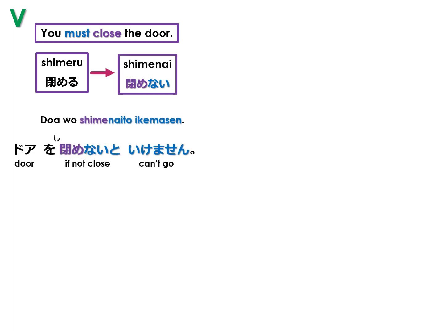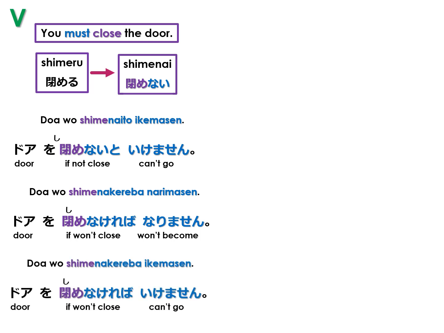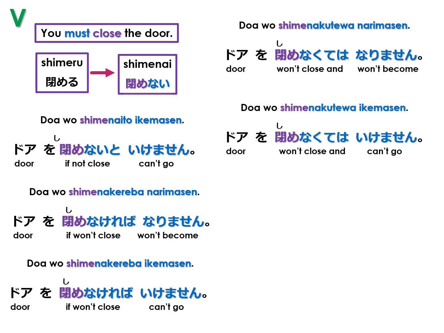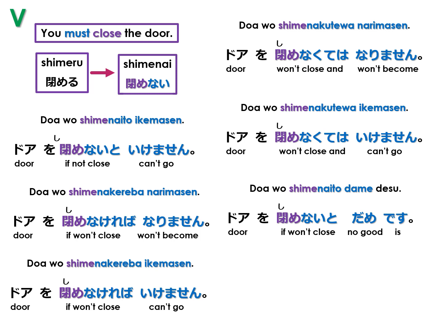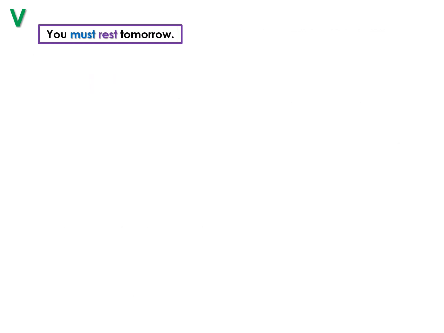So I can say, ドアを閉めないといけません。ドアを閉めなければなりません。ドアを閉めなければいけません。ドアを閉めなくてはなりません。ドアを閉めなくてはいけません。ドアを閉めないとダメです。ドアを閉めなければ困ります。Next example is still a verb and the sentence, you must rest tomorrow.